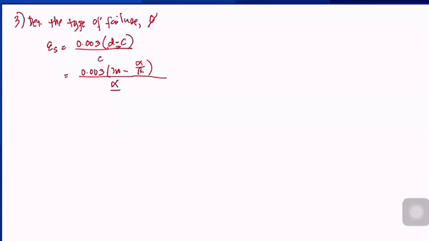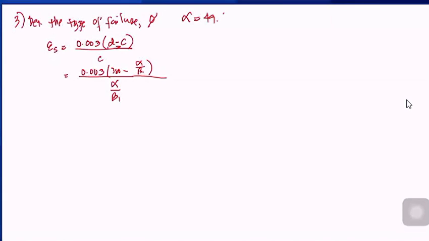What was the alpha earlier? Alpha is equals to 49.67. Beta 1 is equals to 0.82.